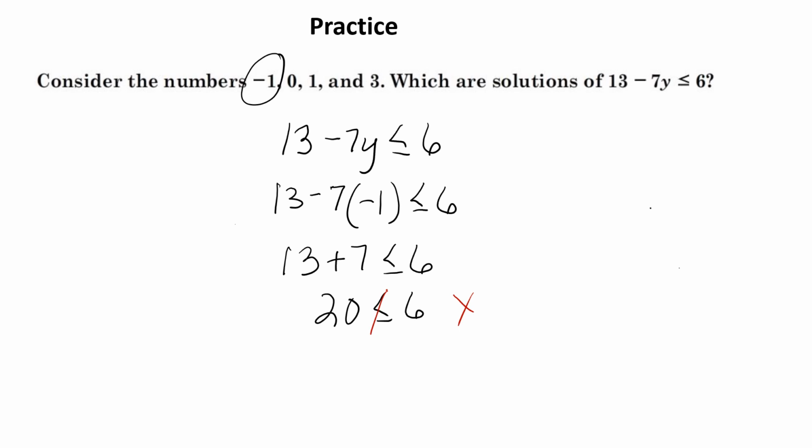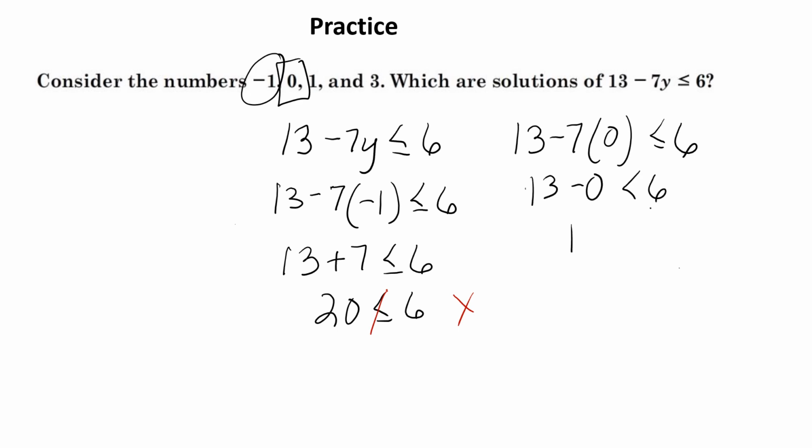Let's try the next one. Let's figure out what 0 comes to. So let's just plug in 0. 13 minus 0, less than or equal to 6. 13, is that less than or equal to 6? Well, no, again, that is not a true statement. How about 1?